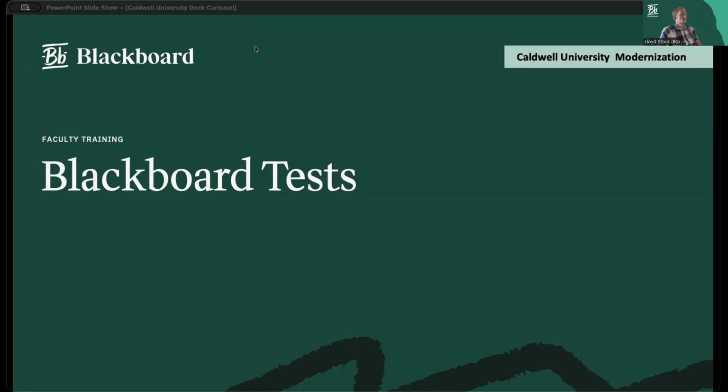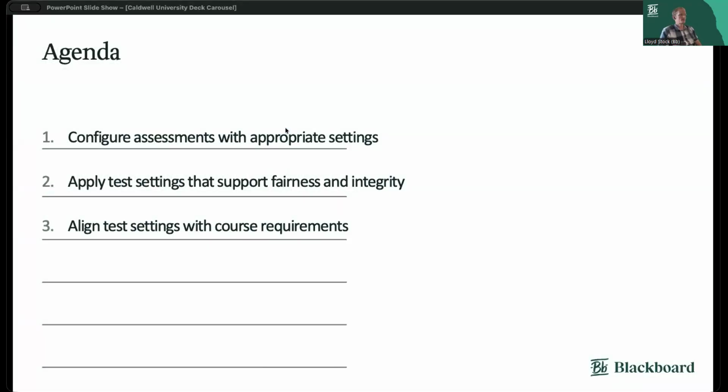So we're going to recap on some of the things we covered yesterday around configuring the assessment appropriately to meet your design requirements from a pedagogical point of view. We touched on some of these things yesterday as well in terms of academic integrity. We'll touch on those things as well. And then we'll think about how we align the test settings with course requirements.